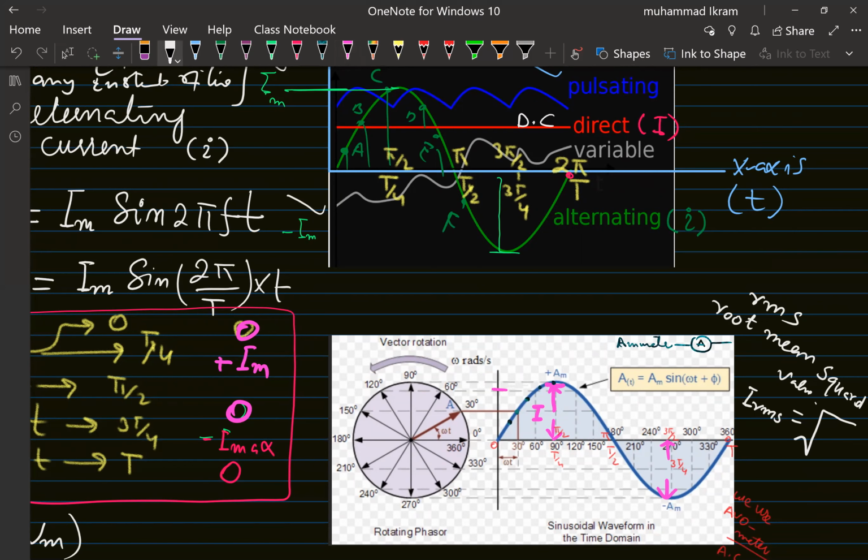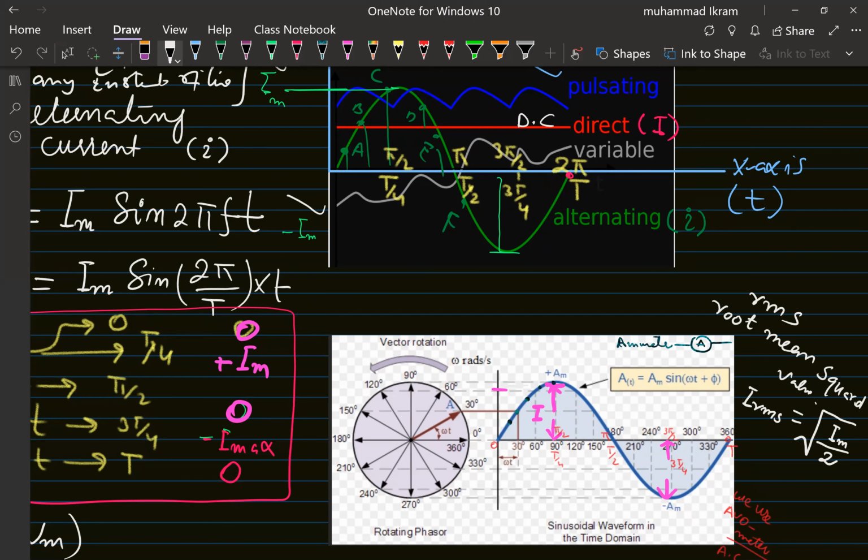So I write I max, and then the mean value, because you have the positive maximum and the negative maximum, so divided by 2, squared, and then the root.